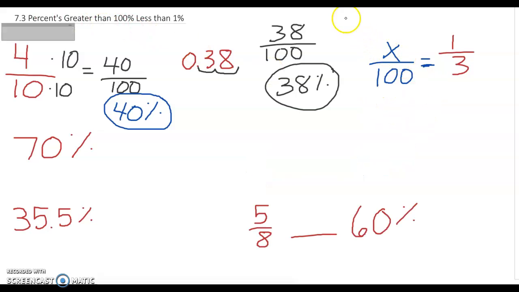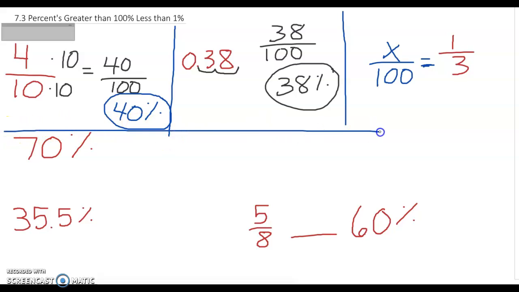Let me just mark off the problems here a little bit, just to make some more room. So we're going to cross multiply. That will give us 3x equals 100. Then we're going to have to divide here.